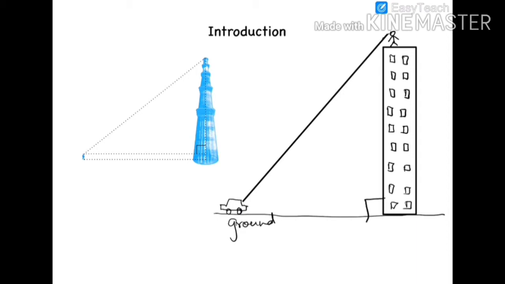Now without actually measuring, can this person find the height of this tower? In these two situations and many other examples like these, we can find the distances or heights by using some mathematical technique that comes under the branch of mathematics called as trigonometry.